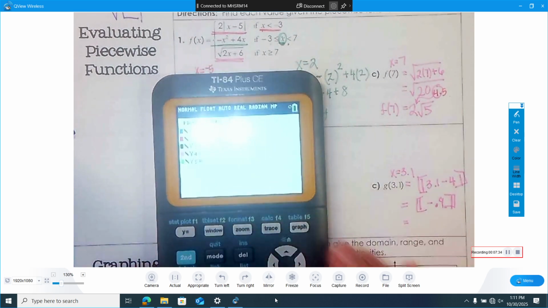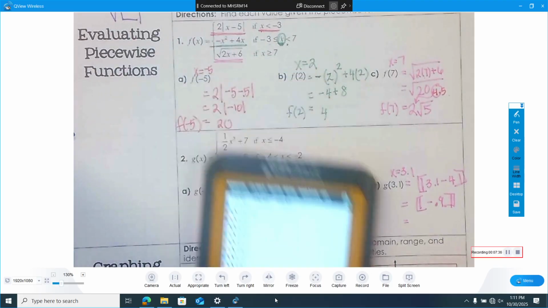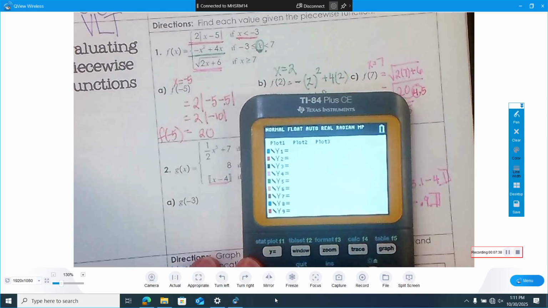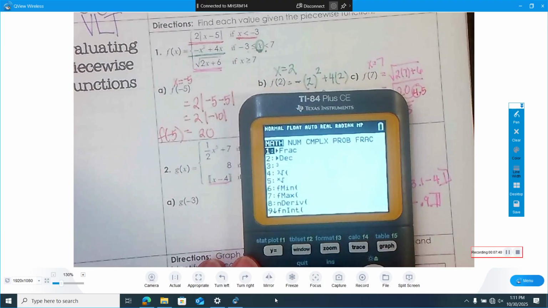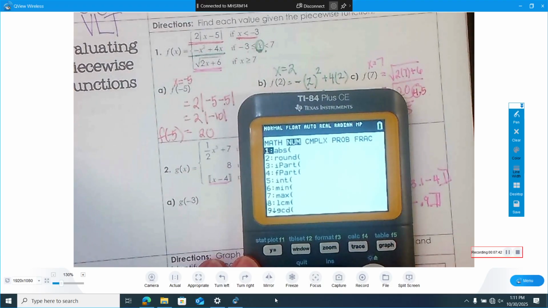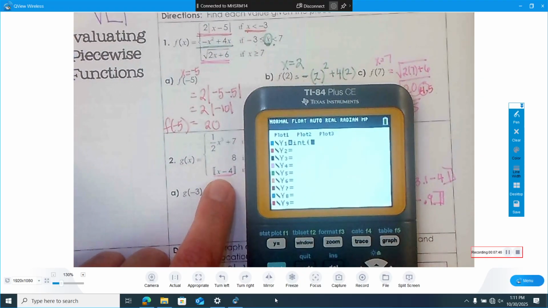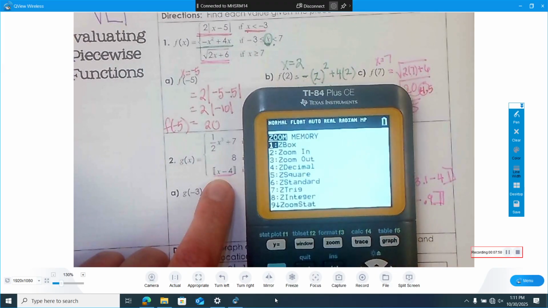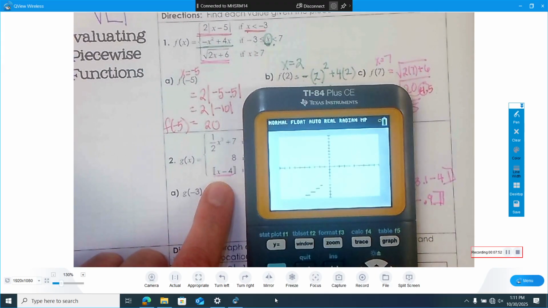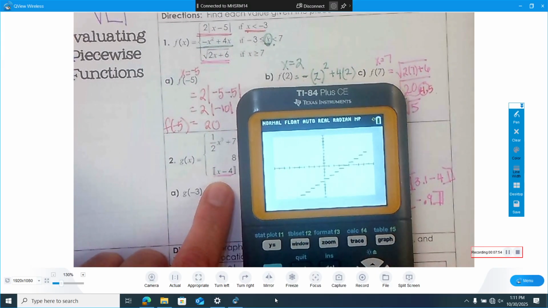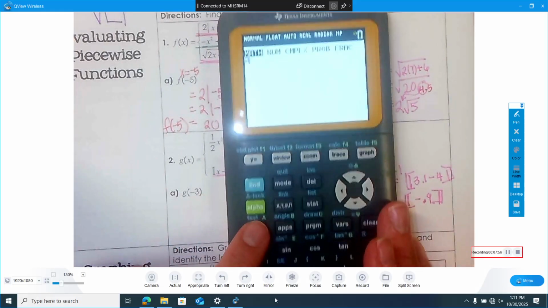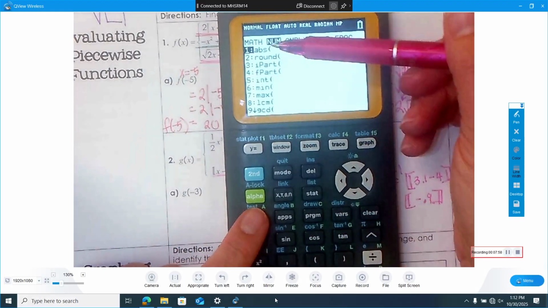Okay, so maybe we want to be sure here. If I type in the greatest integer function so you can see what's going on, I can go to the math menu, arrow over to num, choose my greatest integer function, and type this in, x minus 4, just so we can see what it looks like here. Under math, and then num, it's just int.